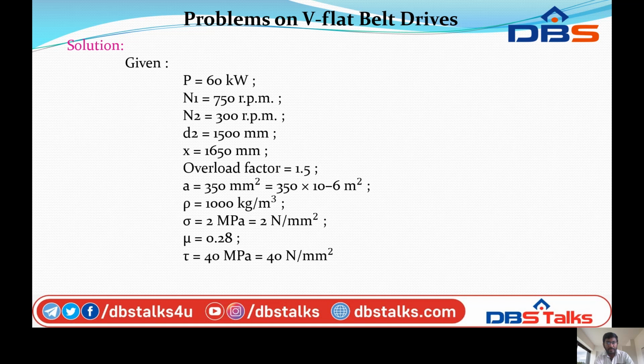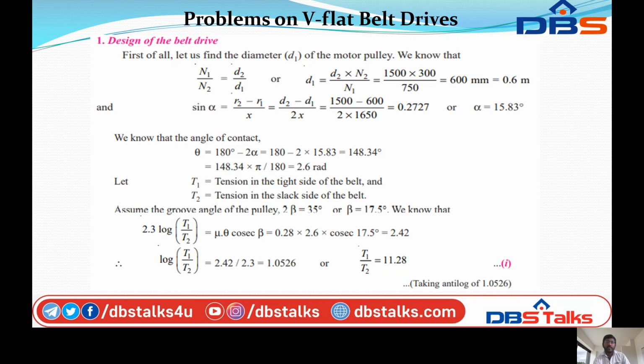Next, you can calculate the step-by-step procedure one by one. First of all, we start the problem with the design of the belt drive. First, let's find the diameter D1 of the motor pulley. D2, N1, N2 are given.